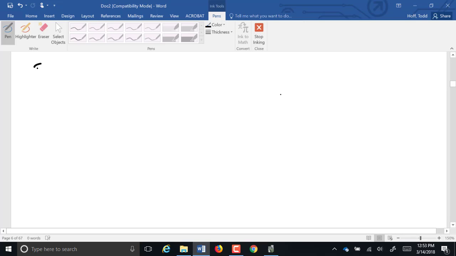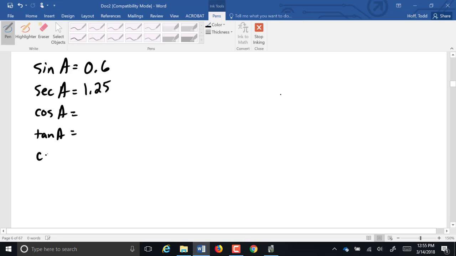If I tell you that the sine of angle A is 0.6 and the secant of angle A is 1.25, find cosine A, tangent A, cosecant A, and cotangent of A without finding A.